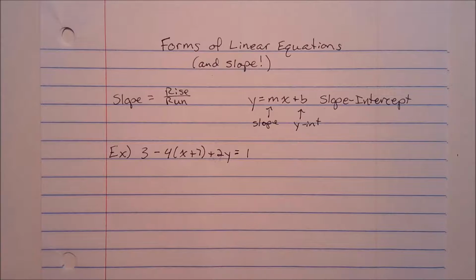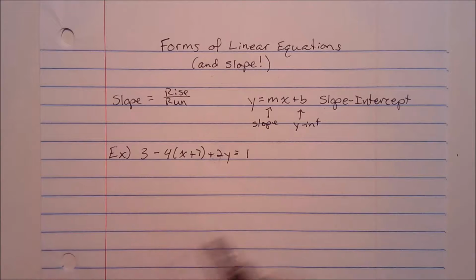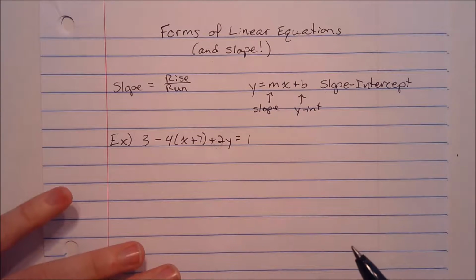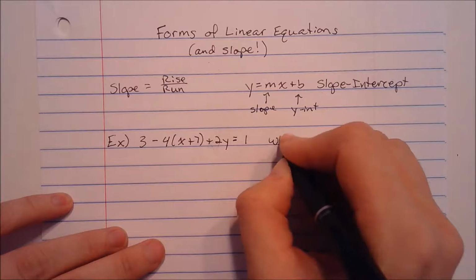I'm probably going to regret that choice. I'm going to be honest with you, I'm going to regret writing this equation. But that's okay. We'll regret it together. It's togetherness. It's important. Anyway, I want the slope of this line.